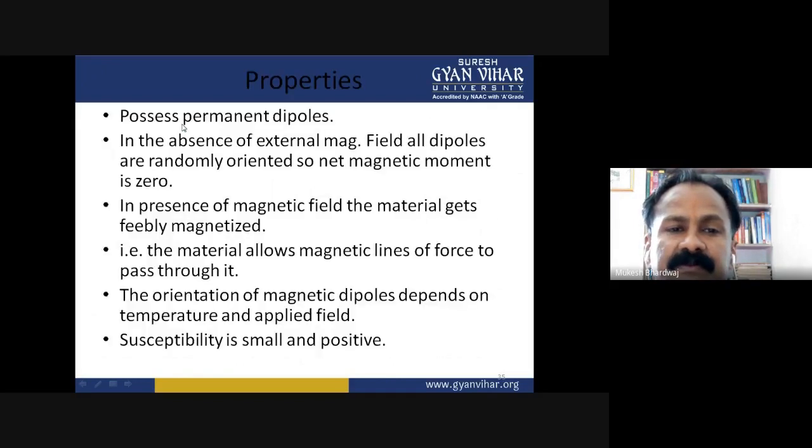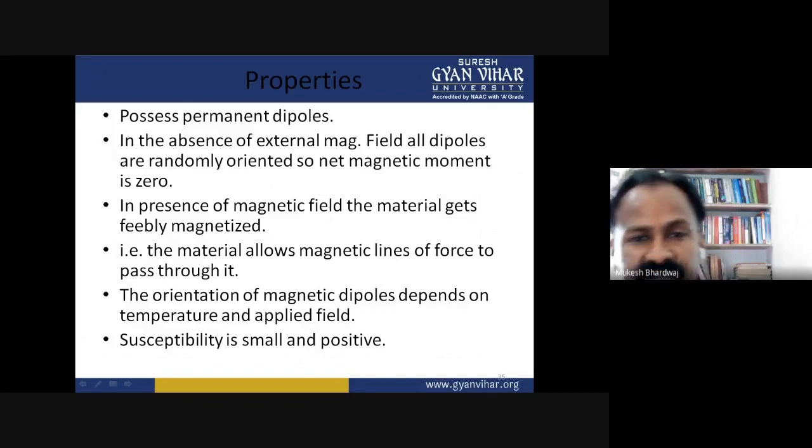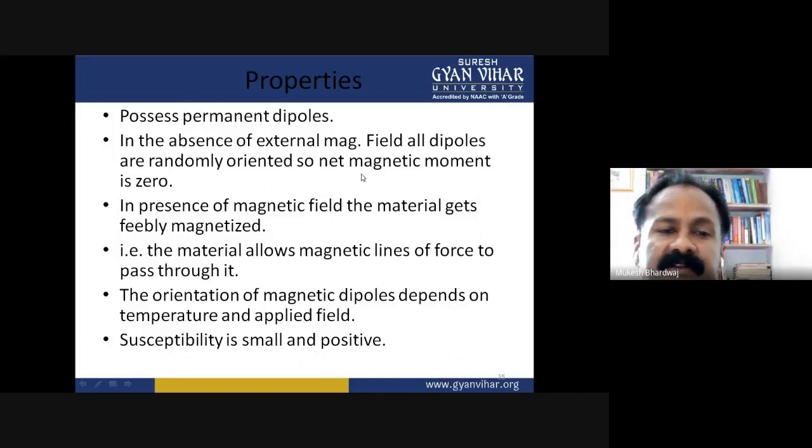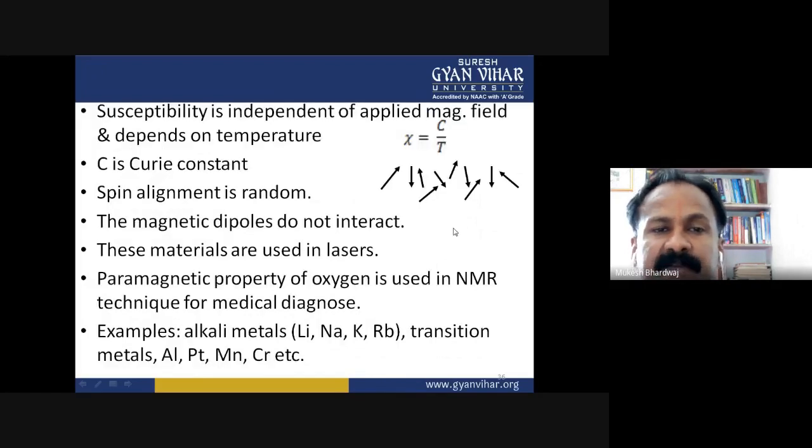Paramagnetic materials possess permanent dipoles. In the absence of an external magnetic field, all dipoles are randomly oriented, so the net magnetic moment is zero. In the presence of a magnetic field, the material gets feebly magnetized. That is, the material allows magnetic lines of force to pass through it. The orientation of magnetic dipoles depends on temperature and applied field. Susceptibility is small and positive, independent of applied magnetic field and dependent on temperature.